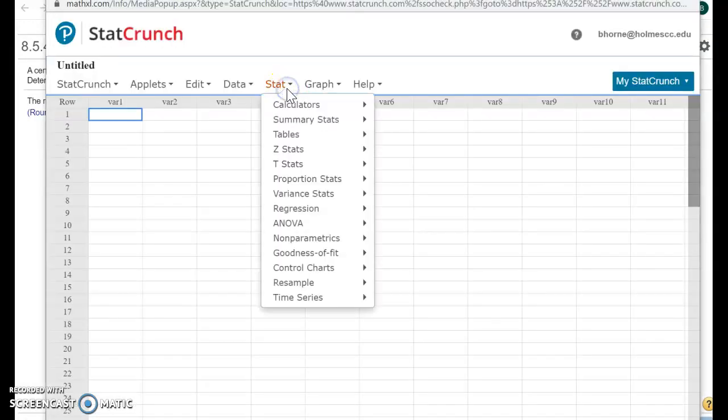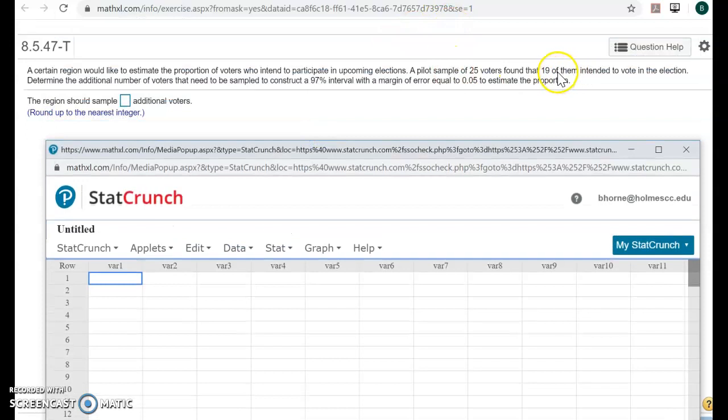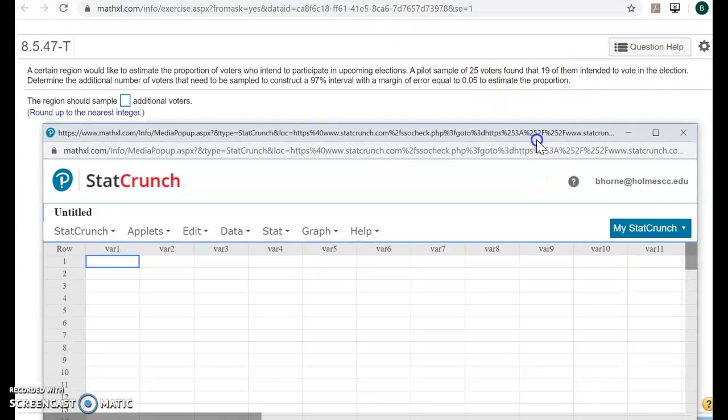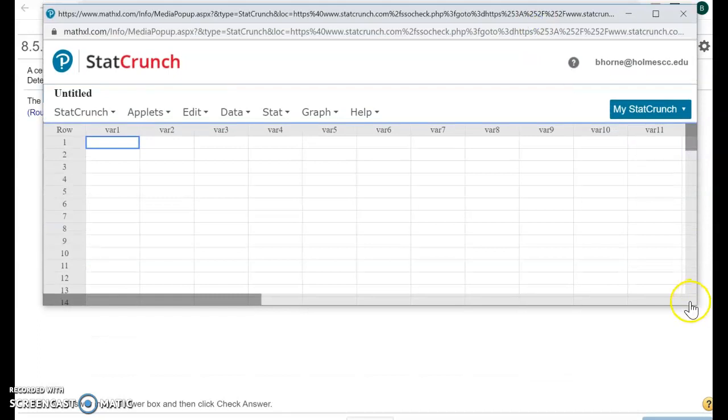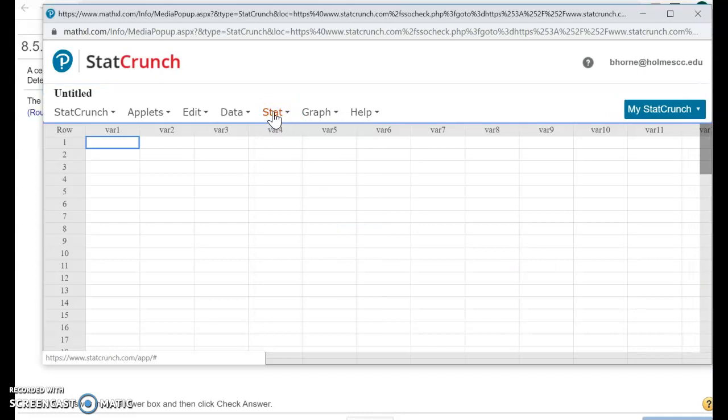Okay, so you're going to go to stat, and since this is a proportion, now how do we know that it's a proportion? Because it says 19 out of 25, so that is our proportion. So let me go back.